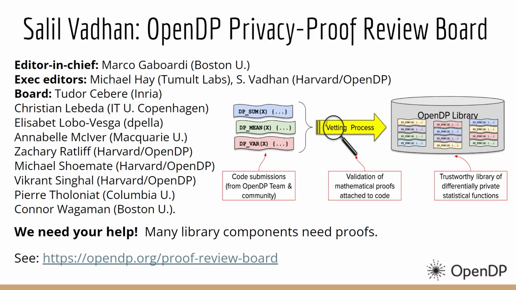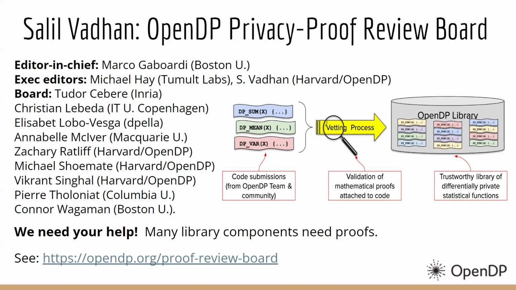But we have not yet realized the full vision of having a community vetting process of library components. Now we are getting to the point where we're ready to push that forward. We now have in place an OpenDP privacy proof review board, chaired by Marco.